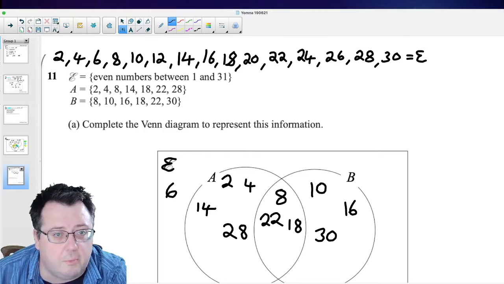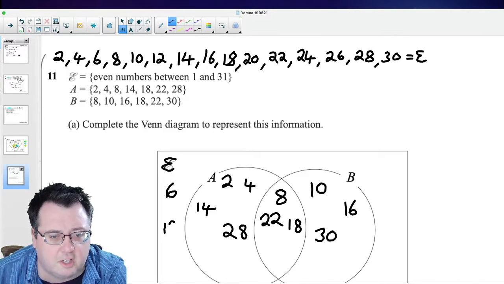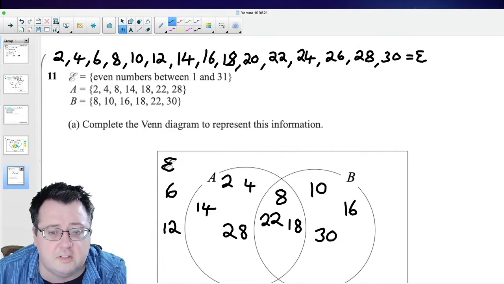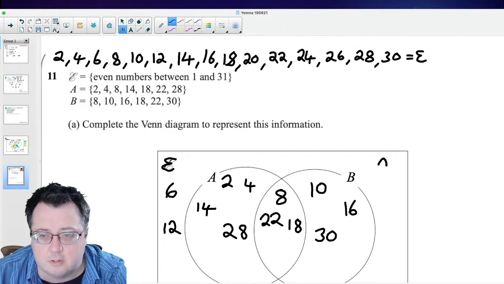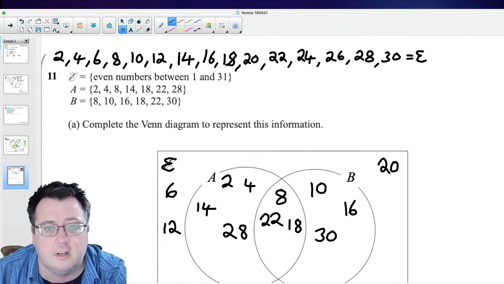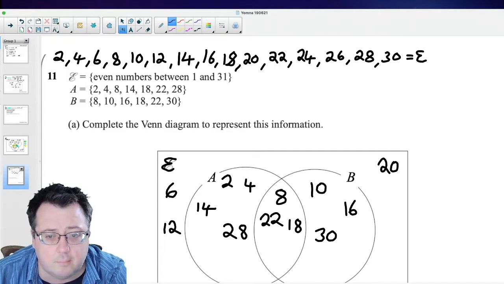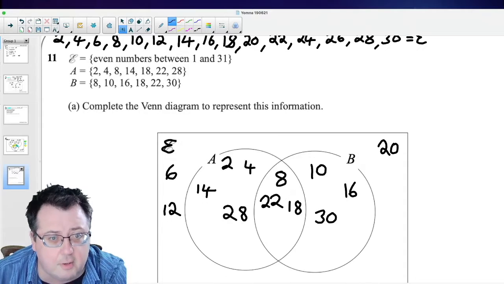We've got 8, we've got 10, we don't have 12, so 12 can go on the outside. 16 is inside B, 18 is in the middle, 20 isn't there, so we can put 20 on the outside. 22's there. 24. Is 24 in the A or B? No, it isn't, so it goes on the outside.